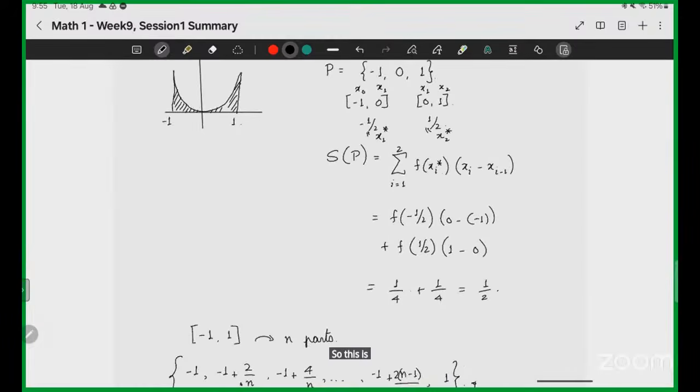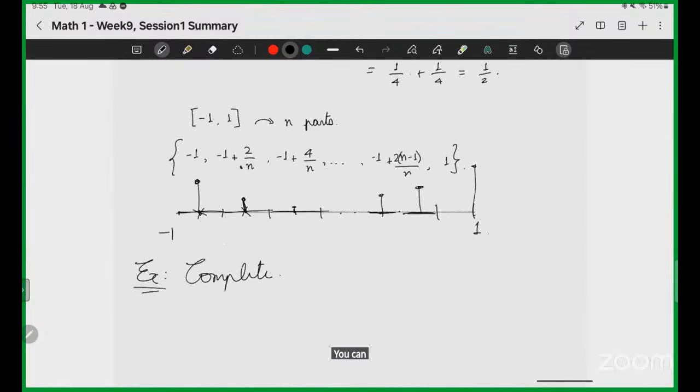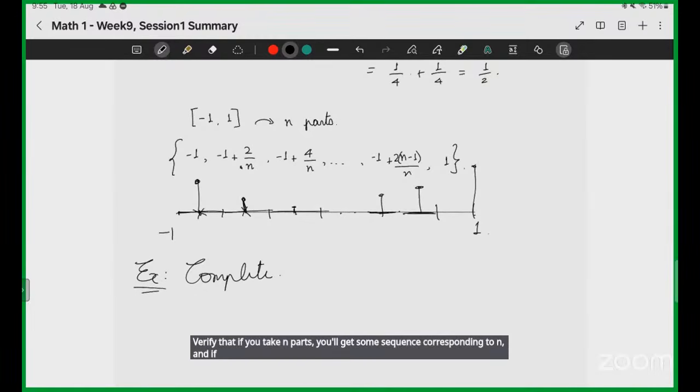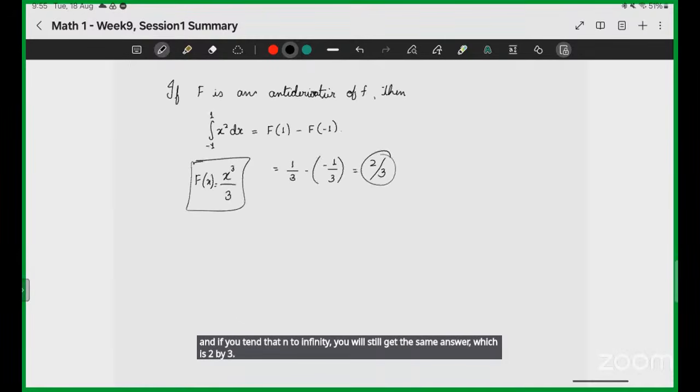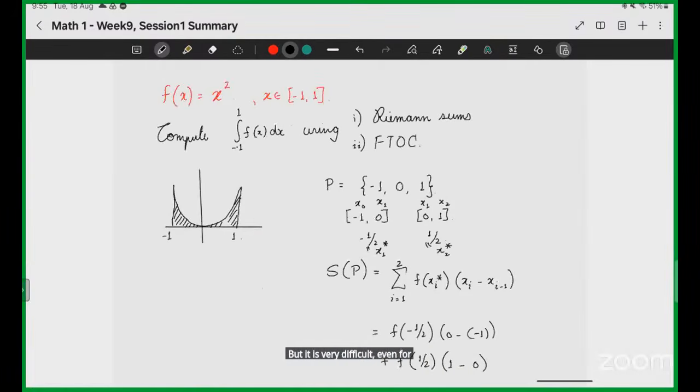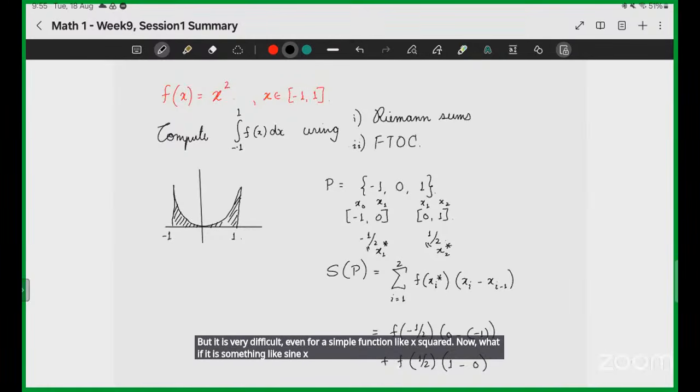You can verify that if you take n parts, you'll get some sequence corresponding to n, and if you tend n to infinity, you will still get the same answer, which is 2 by 3. But it is very difficult, even for a simple function like x squared. Now, what if it is something like sin x? The sequences that you will get will be even more complicated.